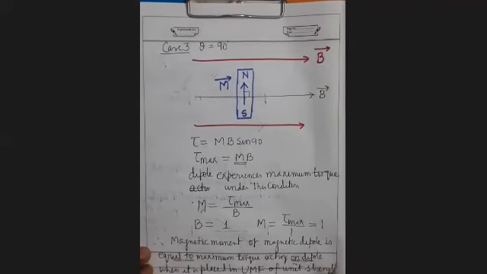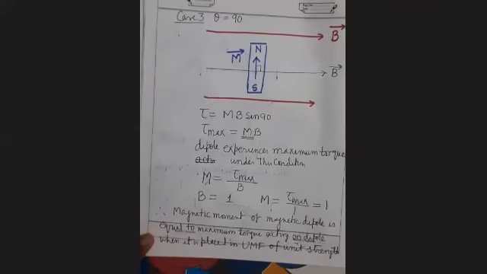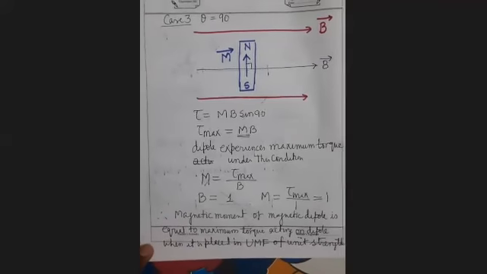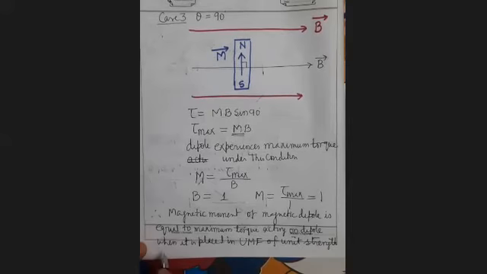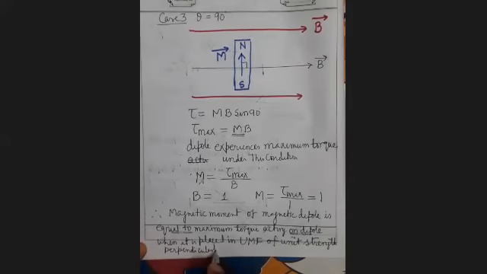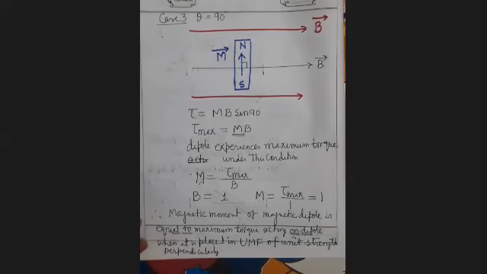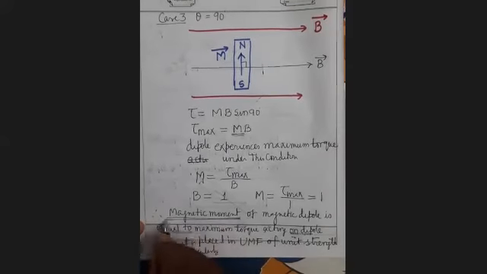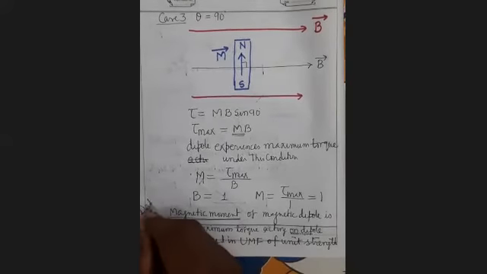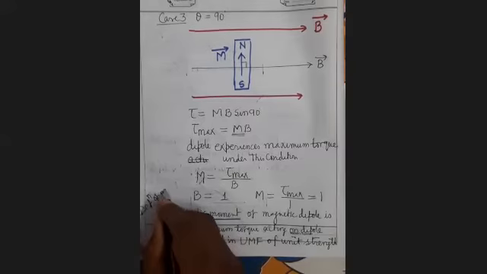Unit strength means 1 Tesla. Perpendicularly. This is the definition of magnetic moment.